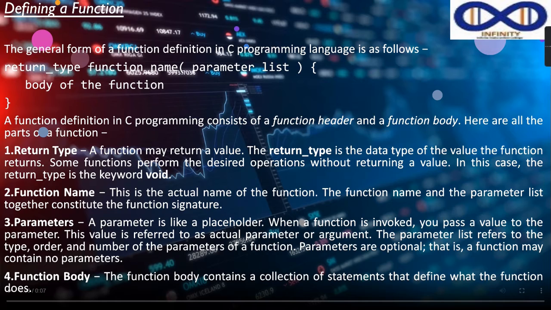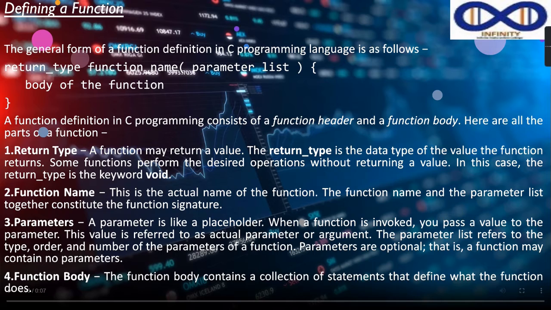The third one is the parameter. A parameter is like a placeholder. When a function is invoked, you pass a value to the parameter. This value is referred to as the actual parameter or argument.